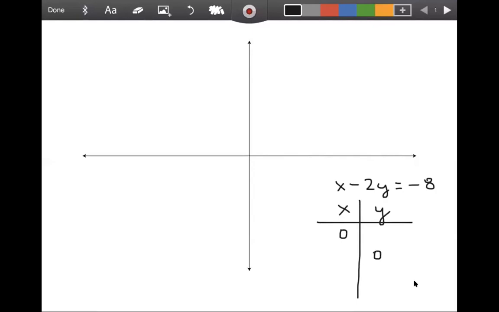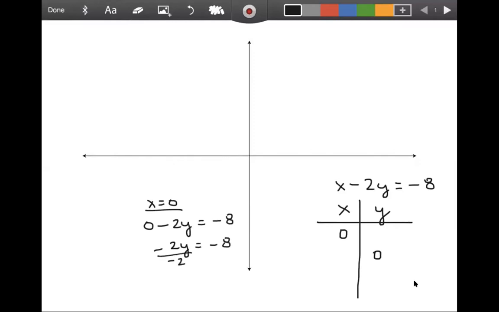All right, I guess I'll do my work over here. So when we set x equal to 0, we get 0 minus 2y equals -8, which means -2y equals -8.